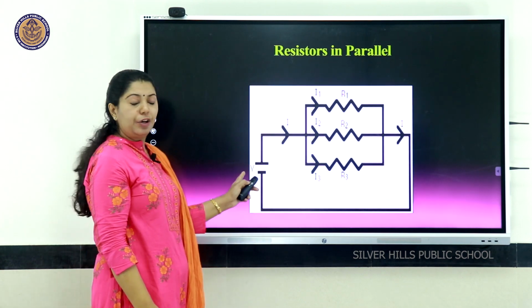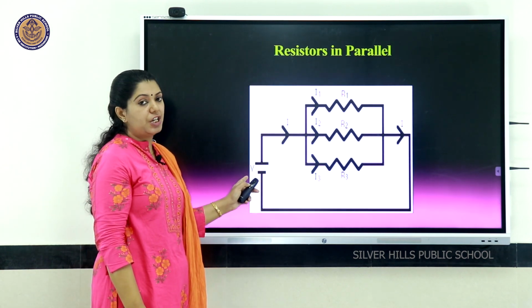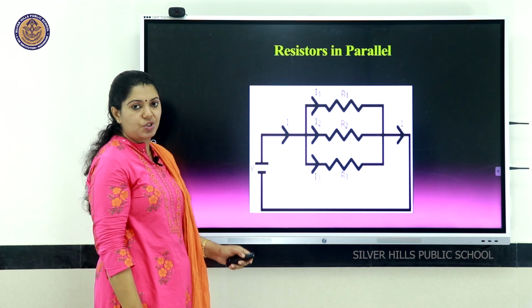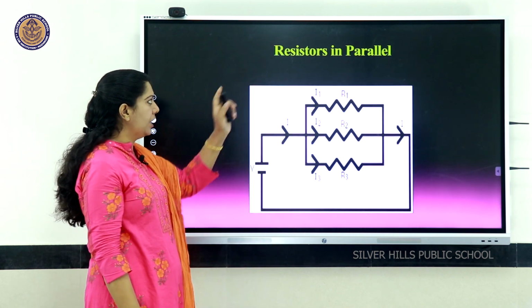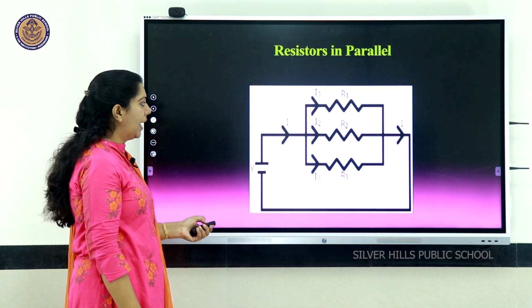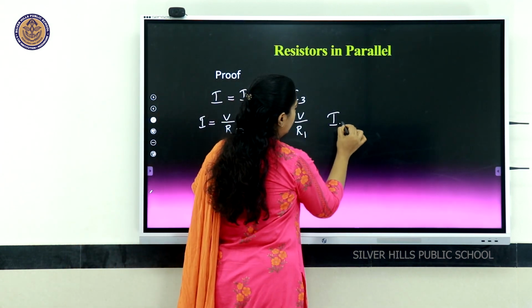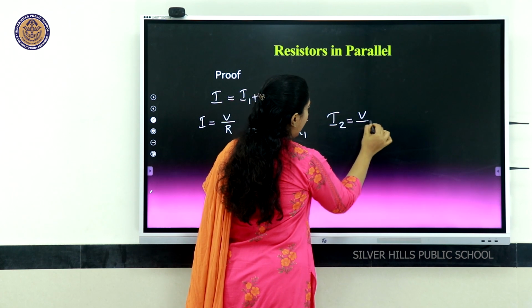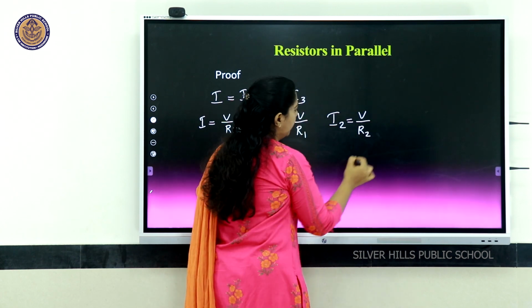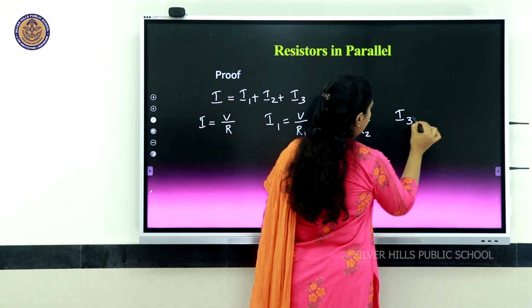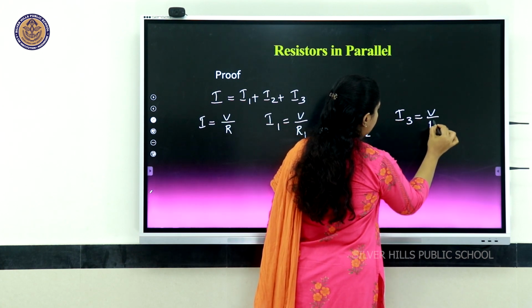In this circuit, the voltage remains constant. There is no change in voltage. V remains constant in the case of resistors in parallel. I2 is equal to V divided by R2 and I3 is equal to V divided by R3.